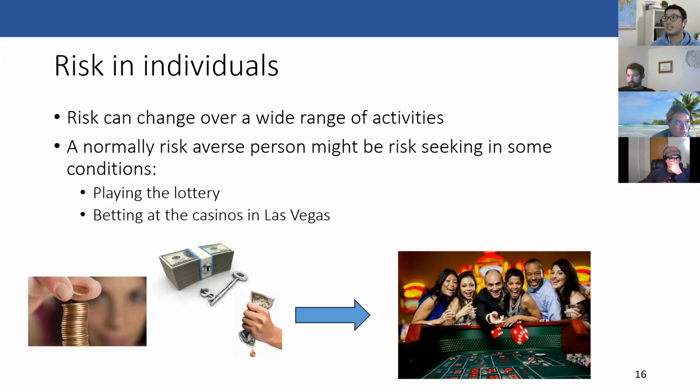One easy example is that most people are by default risk averse, but that behavior can suddenly change if you are gambling in a casino or playing the lottery, right? We find that if you actually measure their behavior, suddenly they become more risk seeking. Again, that has to do with the psychology of the situation and your personal risk profile and how that changes.